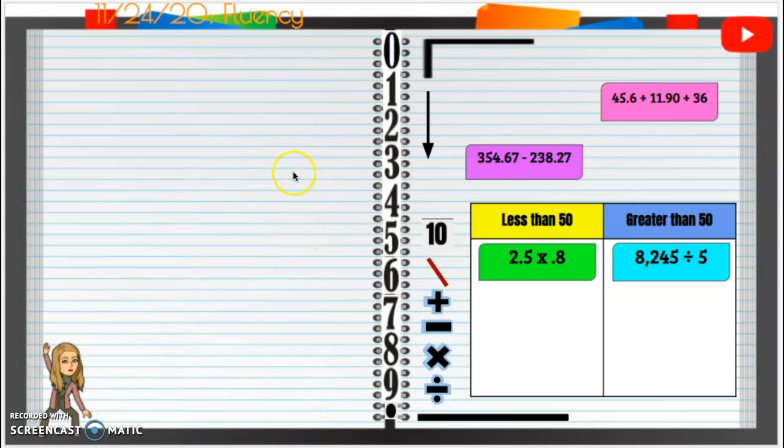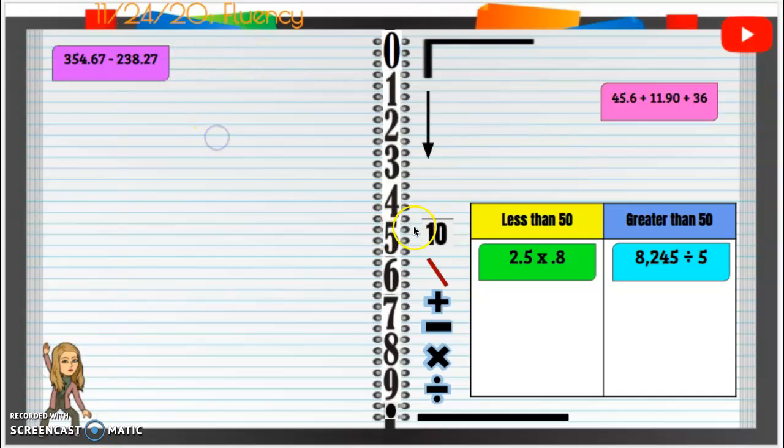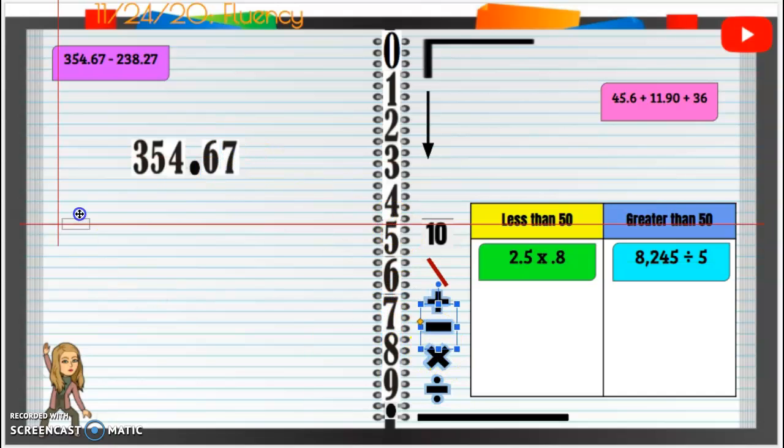Let's subtract these ones. All right, so when we are adding or subtracting, what do we need to do with our decimals? Line them up. So 354 and 67 hundredths, minus 238 and 27 hundredths.